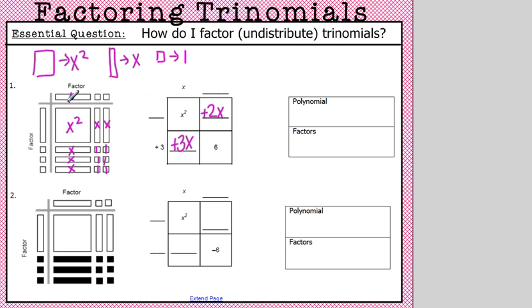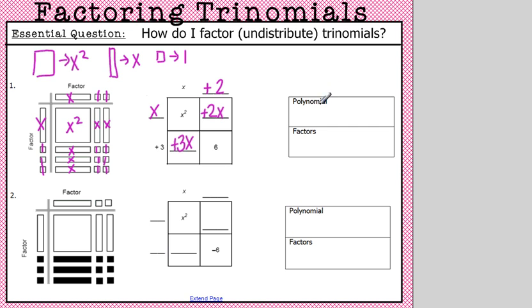There's 1x, and then there's 2 little x's, so that would be plus 2. If you notice, the greatest common factor between 2x and 6 is 2. Same deal over here on the left. There's 1x and 3 1's, so 1x plus 3. You notice the GCF between x and 2x is x, and the GCF between 3x and 6 is 3.